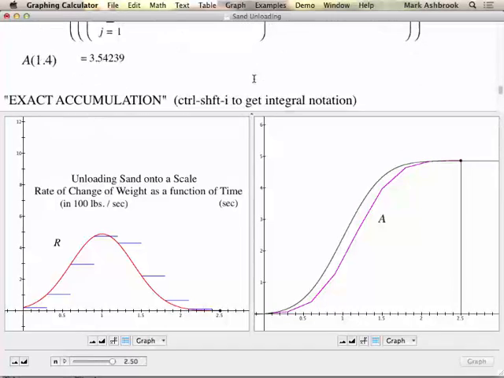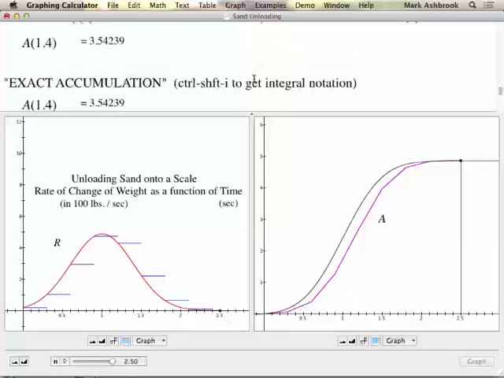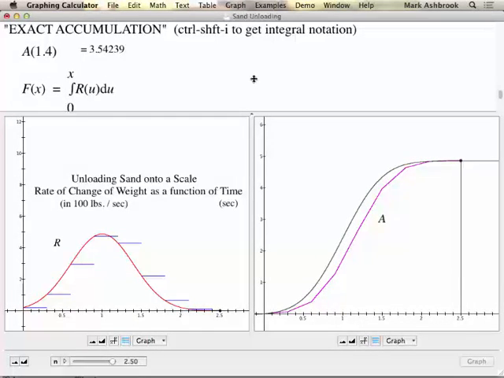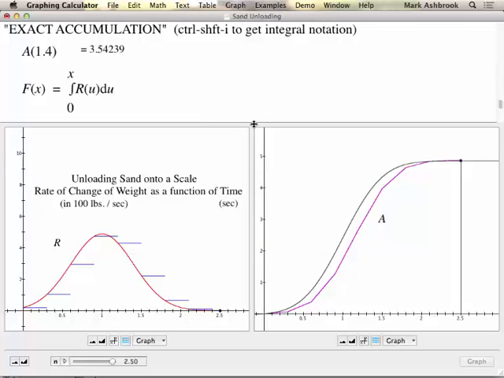And so I'm graphing here's 1.4, X equals 1.4. Here's our A of 1.4.